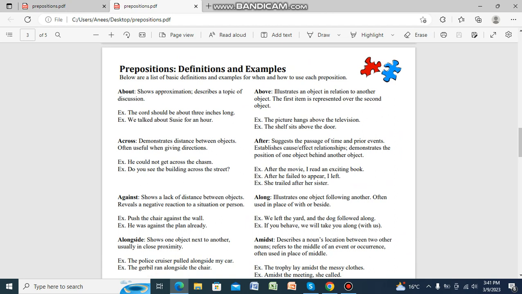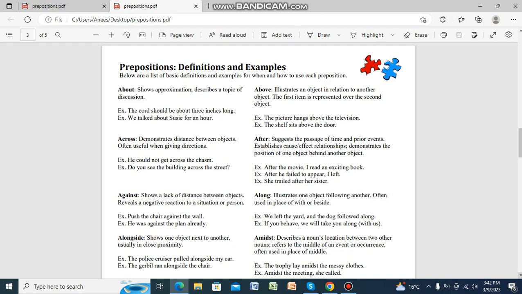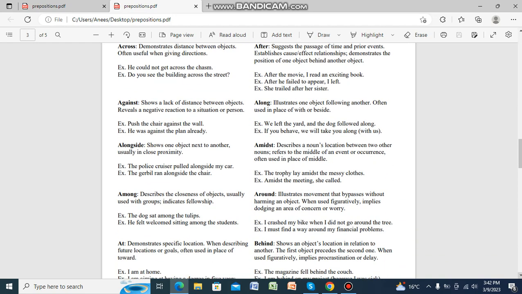For example, he couldn't get across the chasm. Do you see the building across the street? And then we have against, which shows a lack of distance between two objects. Push the chair against the wall.